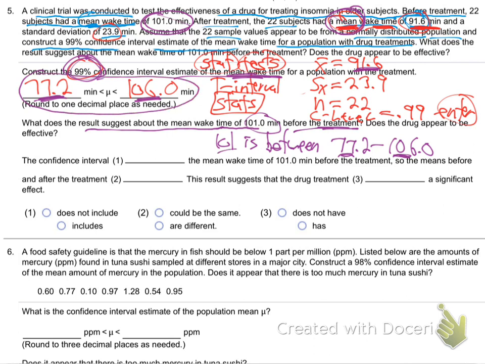Well, they already had a mean wake time of 101 minutes, so maybe the drug's doing nothing. We're 99% sure the real effect of the drug is going to be somewhere between 77 minutes of wake time and 106. Well, they already had 101 minutes of wake time before they took the drug, so we're not even confident this drug's doing anything. That's what it suggests.